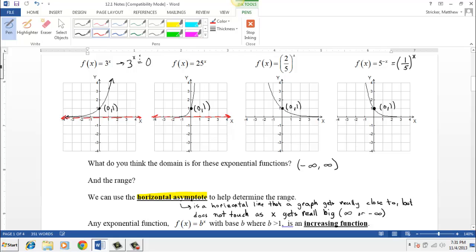We have the same horizontal asymptote. The equation of these lines, as we have learned, the equation of that line has got to be y equals 0 in all of these. Y equals 0. Y equals 0.